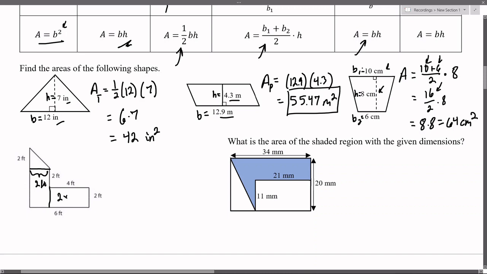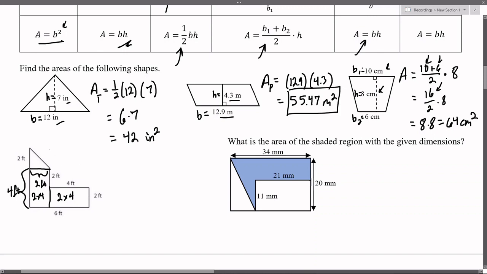This is a 2 by 4. And this rectangle that's vertical here, this is 2 feet here, and this is also 2 feet here. So in total, this distance here is going to be 4 feet. So we have, again, a 2 by 4 area rectangle.